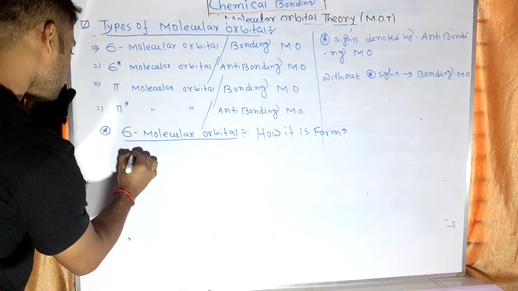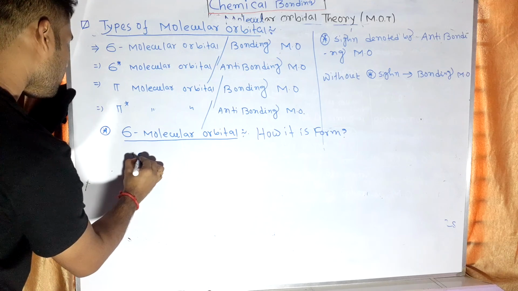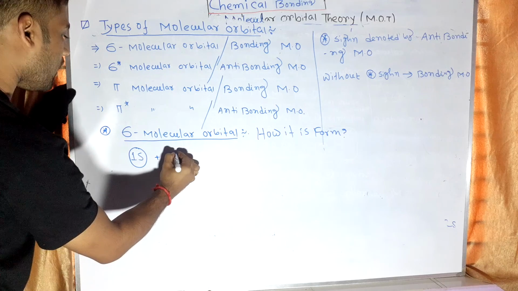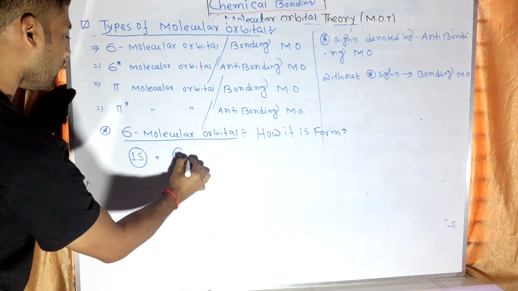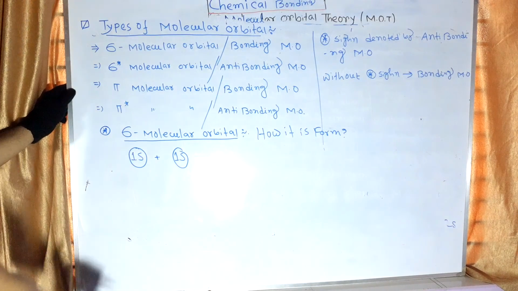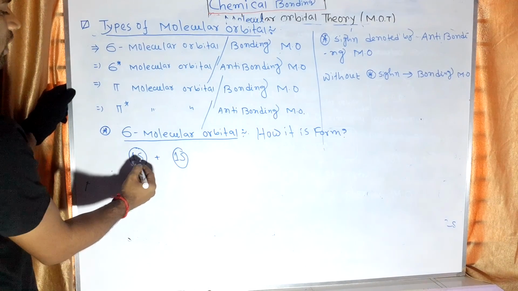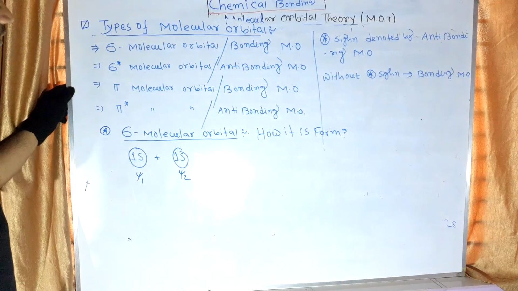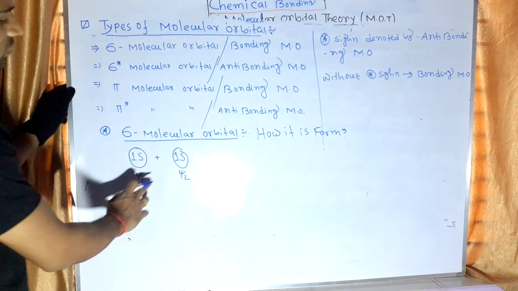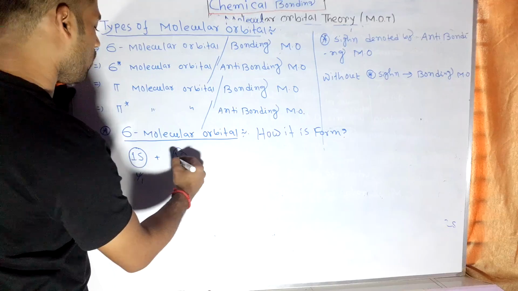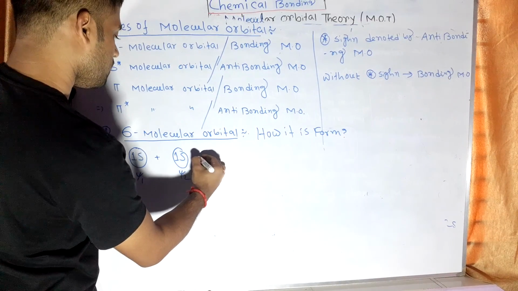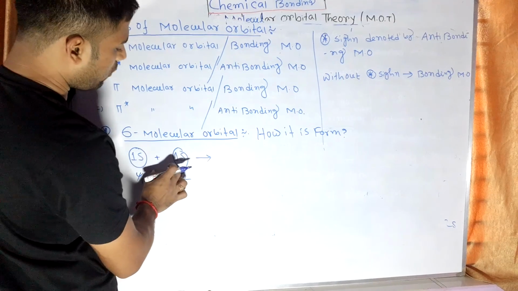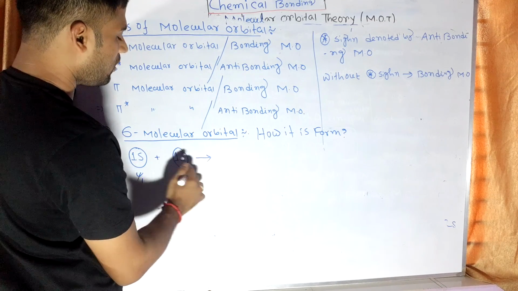I consider two atomic orbitals. This is atomic orbital, SPDF. 1s plus 1s, two atomic orbitals. One atomic orbital is denoted psi 1 and another is psi 2. Then the two atomic orbitals form molecular orbitals.